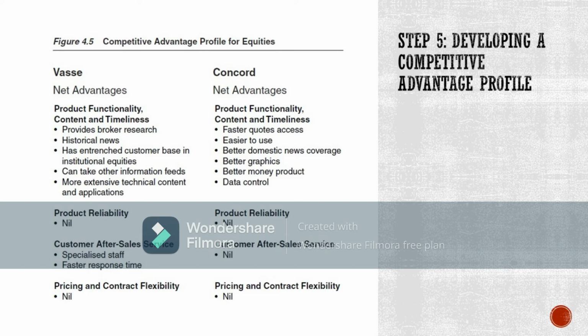The planning team needs to understand the causes of competitive advantage. So please check figure 4.5, competitive advantage profile. There, you are mapping your strategic factors as your advantages and comparing it with your nearest competitor or the market leader.